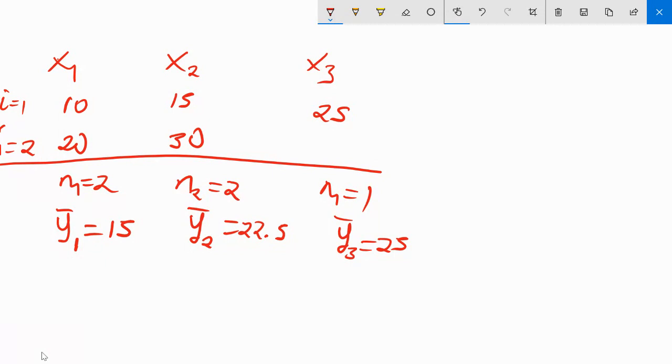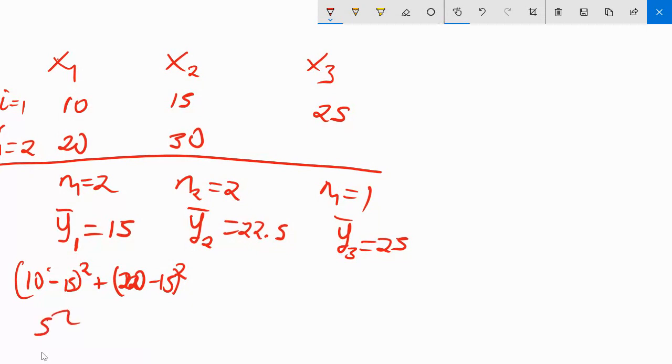Now we want to calculate the sum of the deviations. So the sum of the deviations for the first one is nothing but 10 minus their mean, which is 15, squared, plus 20 minus 15, also squared.